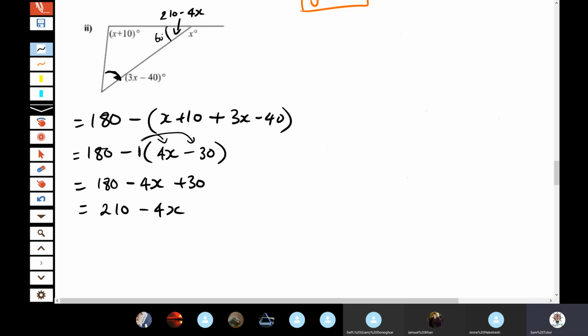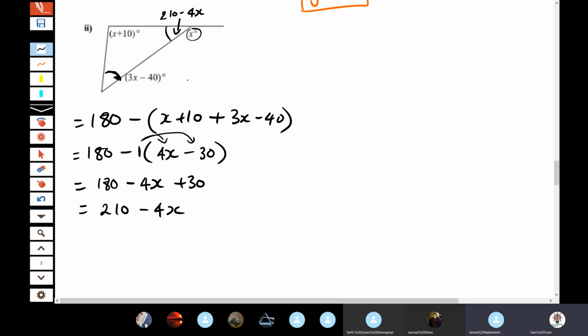Why did you even say 180 take away? Because it's a straight line. Yeah, so if that's 60, if you're going to do 180 take away 60, aren't you finding this part of the straight line? So when you're saying do 180 take away 210 take away 4x, what are you going to say it equals to?